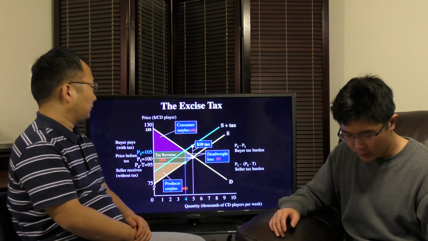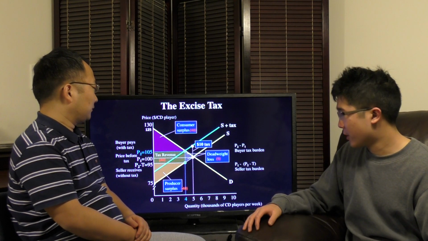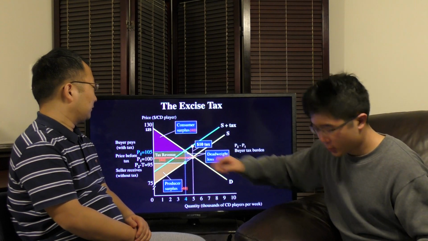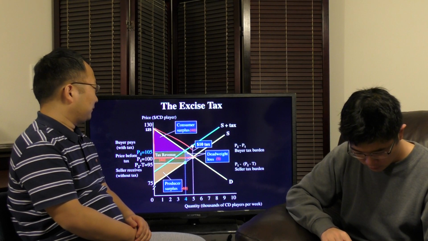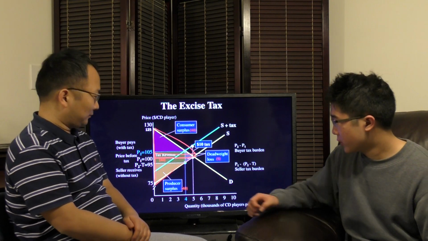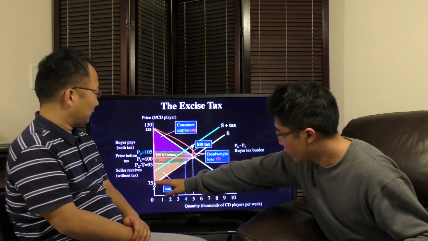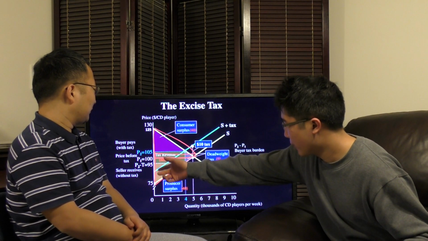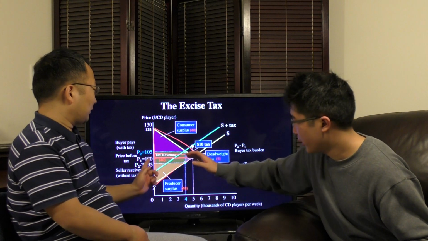Originally we had surplus. We already know what surplus is: our total surplus was total consumer surplus plus total producer surplus. On the producer side, it's the lowest possible producer value, 75, and the difference between that and the market equilibrium price, 100.